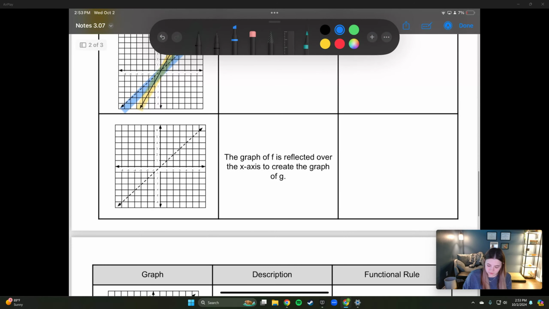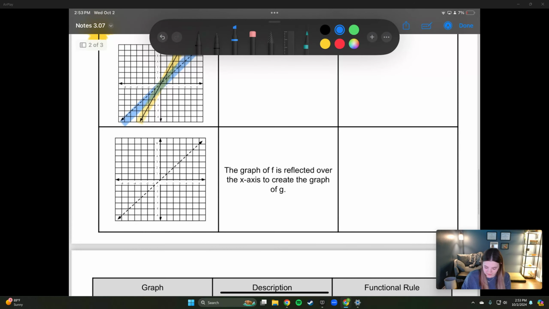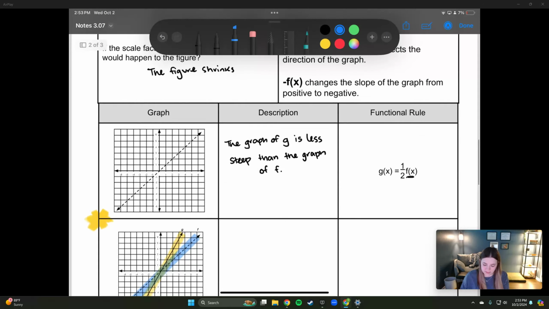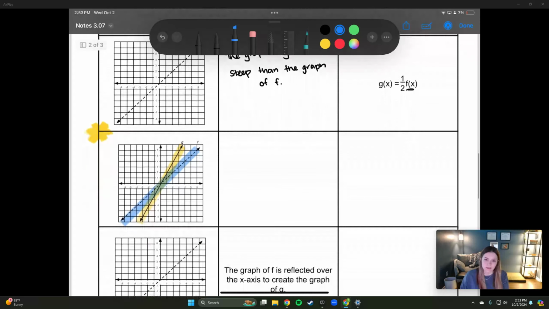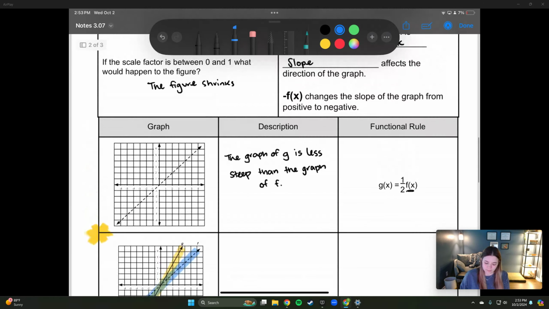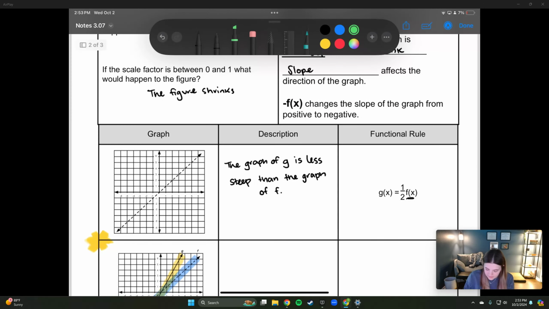And then that last one: the graph of f is reflected over the x-axis to create the graph of g. Now, this is where it gets a little bit tricky, right? Because we didn't necessarily say what happens if it gets reflected. We talked about dilations. But look up here. It says negative f of x changes the graph from positive to negative.